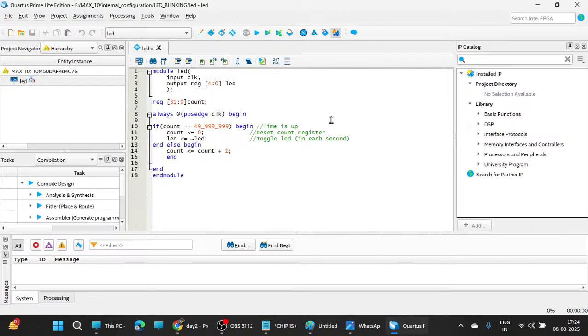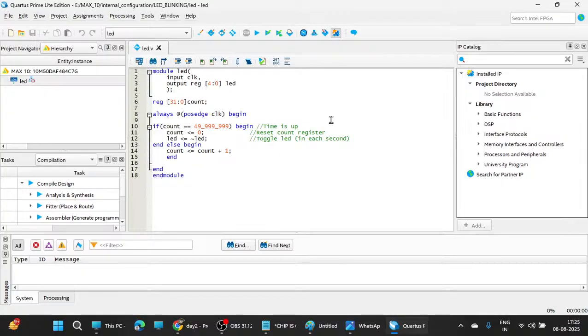You can calculate this using the formula. I need time, so t equals 1 by f, where f is the frequency: 1 by 50 megahertz, 50 times 10 power 6, and then you convert to nanoseconds.